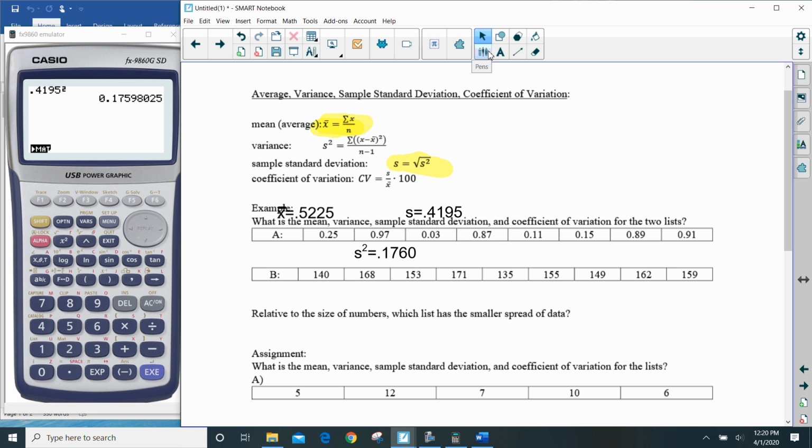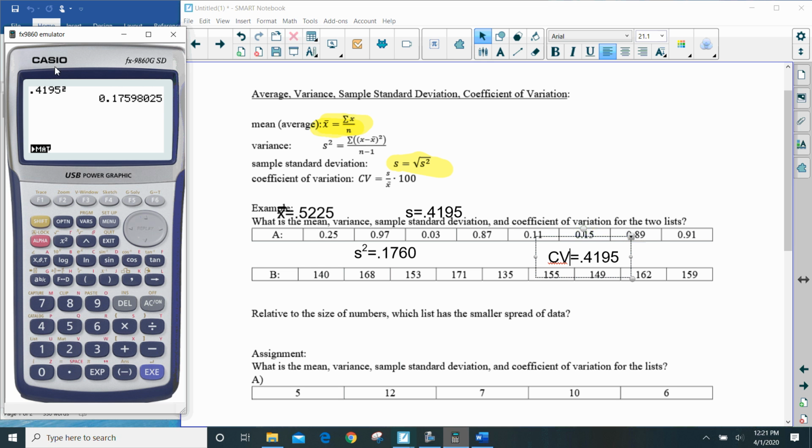Coefficient of variation. This last question right here is just pretty much calculator work. It's pretty foolproof. So coefficient of variation is equal to S, which is 0.4195, divided by X bar, 0.5225, times 100.